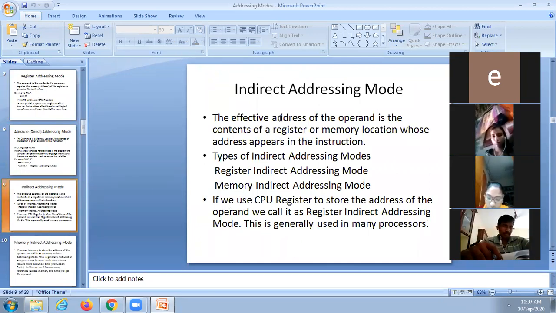In indirect addressing mode, there are two types: one is register indirect addressing mode, another one is memory indirect addressing mode.